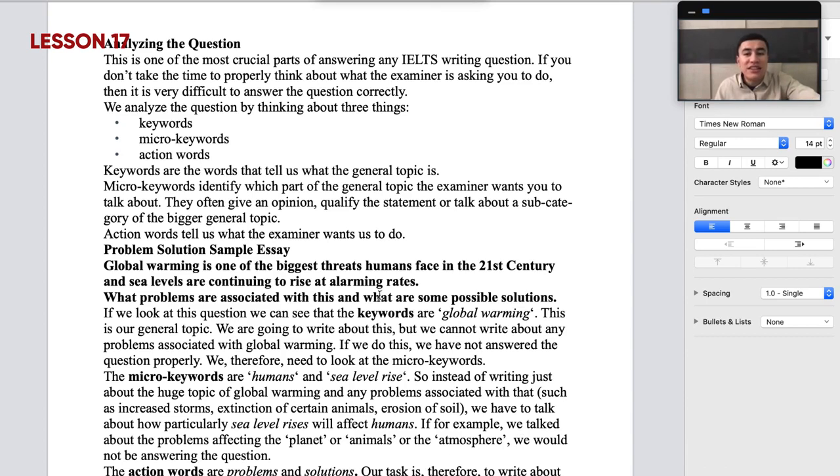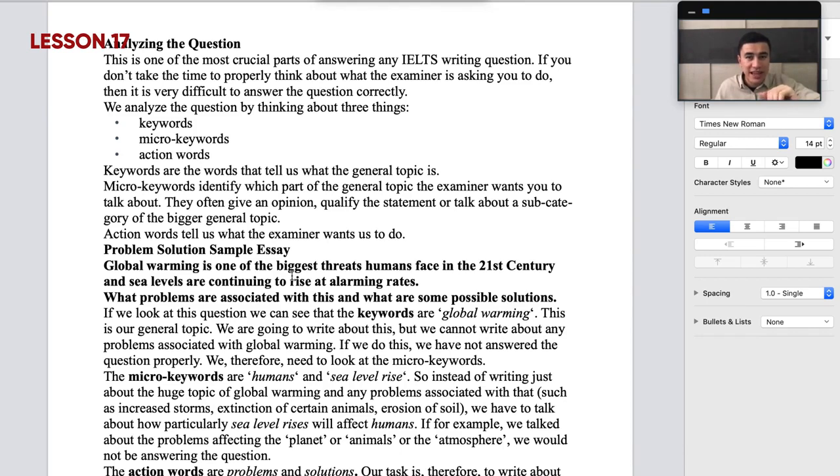Now, let's consider this topic here. Global warming is one of the biggest threats humans face in the 21st century, and sea levels are continuing to rise at alarming rates. What problems are associated with this, and what are some possible solutions? Now, if we look at this topic, we can see that keyword is global warming.